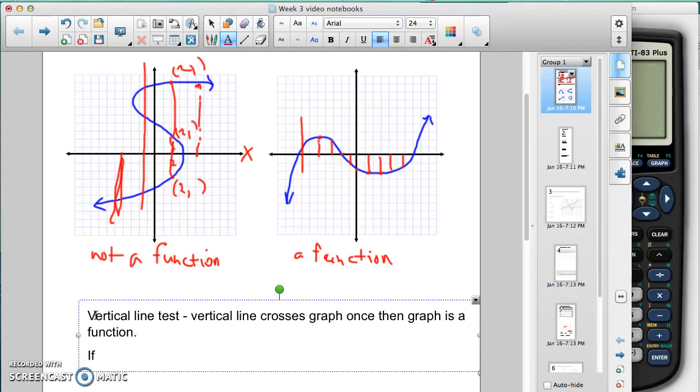If a vertical line crosses the graph more than once, then the graph is not a function.